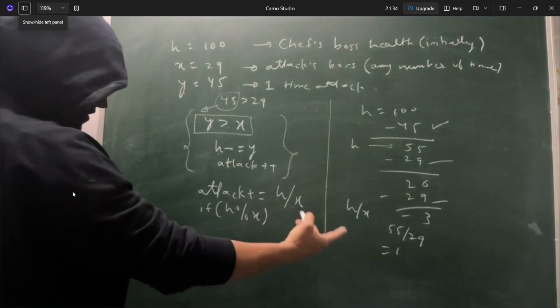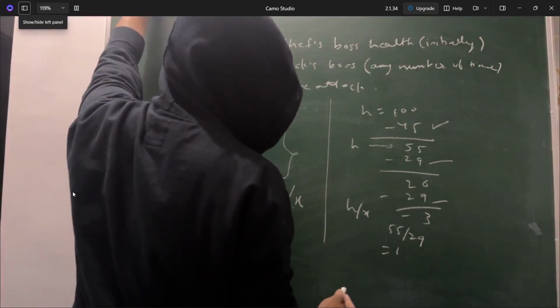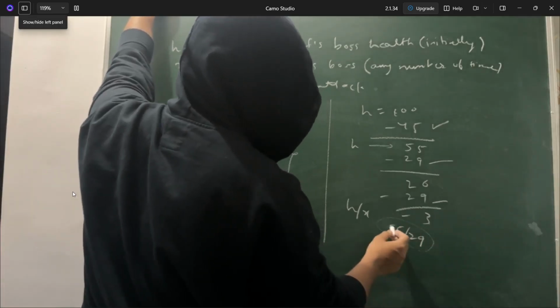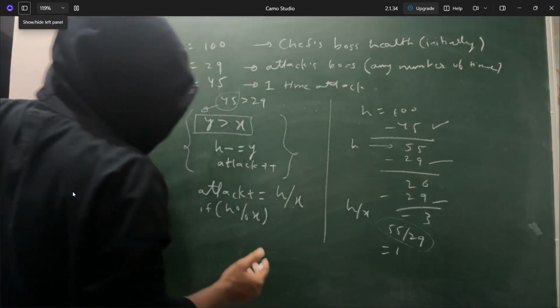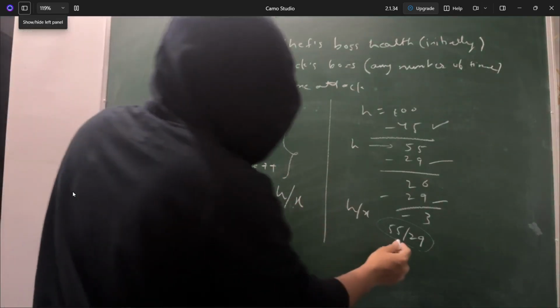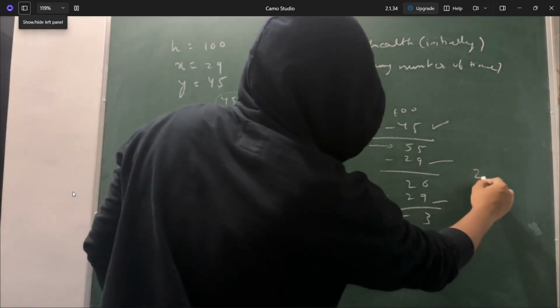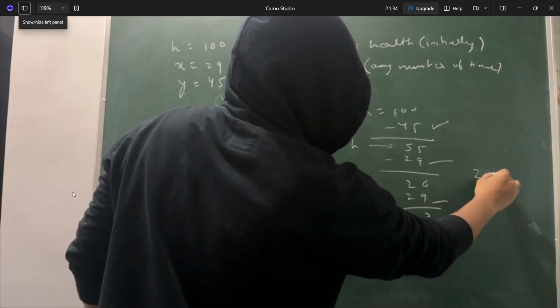So in order to do that, you will do this thing, okay, that is fine. But if you want to see whether there is still health remaining, by this operation, 1 into 29, your boss health is reduced by only 29.